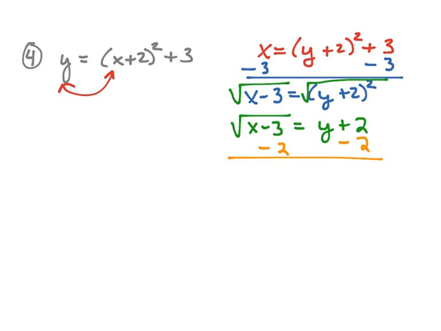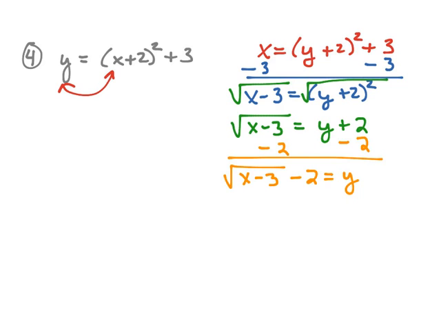Now we need to be careful here because a common mistake is to go ahead and try to subtract that 3 minus 2. Can't do that. And that's because that minus 3 is underneath our radical, or underneath our square root. So that minus 2 that we're subtracting is going to stay on the outside of the square root, which means we end up with the square root of x minus 3, minus 2.